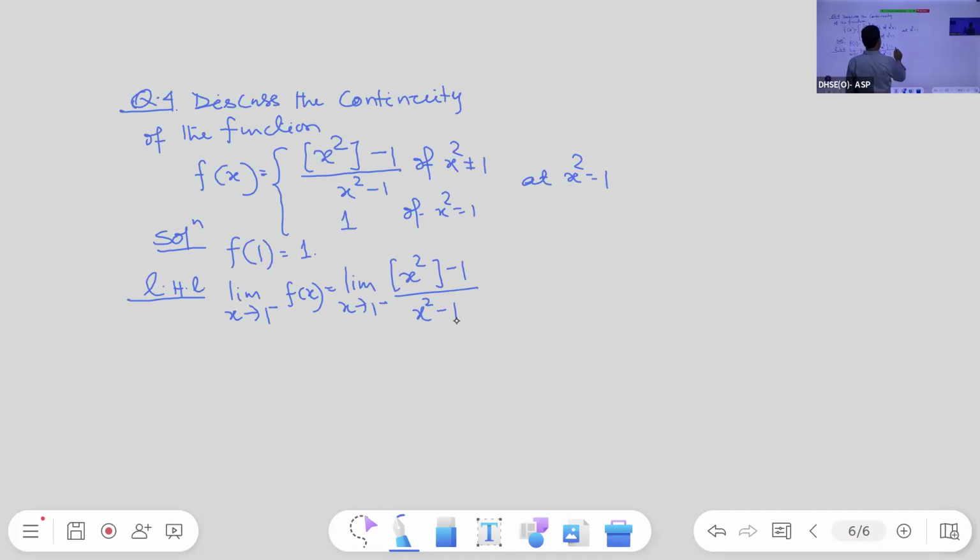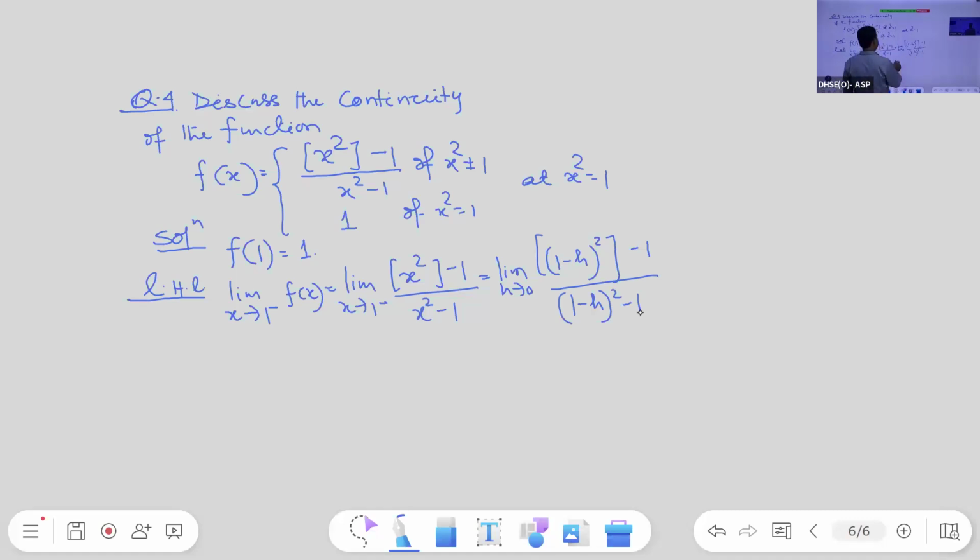This is equal to limit h extending towards 0, bracket 1 minus h whole square bracket minus 1 upon 1 minus h whole square minus 1.